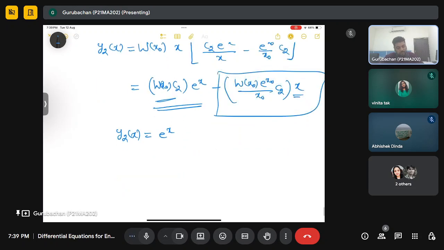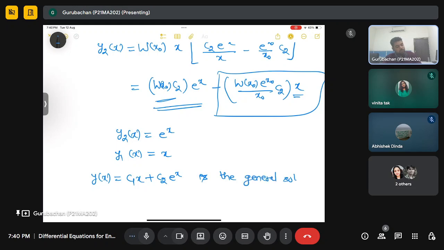So you were aware that there was one solution, x. In general, we can say that any linear combination of this y1 and y2, that is c1 x plus c2 e to the power x, is the general solution of the given differential equation.